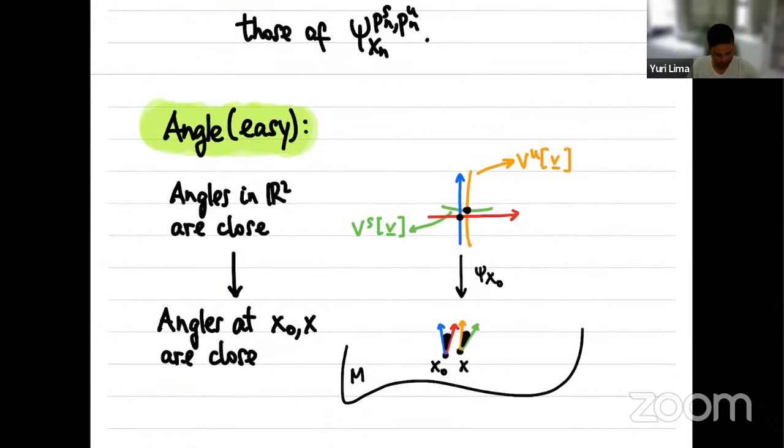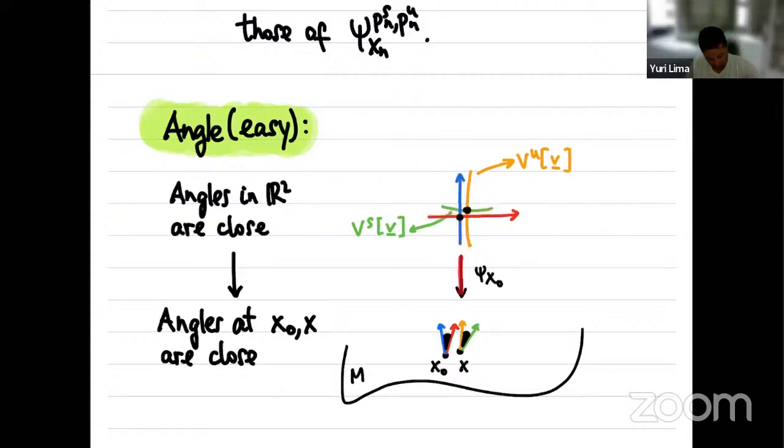Why? Because the shadowed point, if you look at R2, is defined as the intersection of an almost horizontal graph with an almost vertical graph. So the angle between these two objects is almost 90 degrees, as is the angle of the coordinate axes at X0.